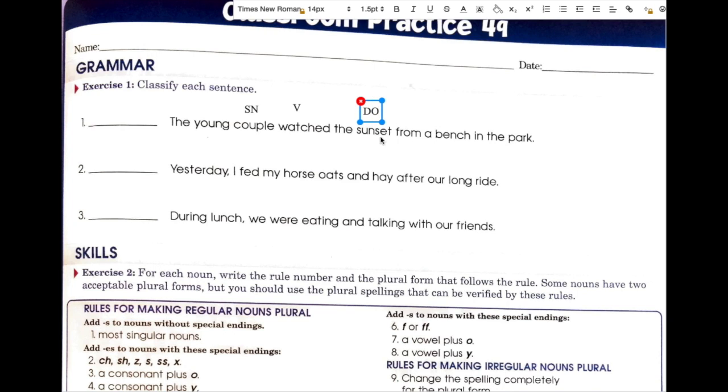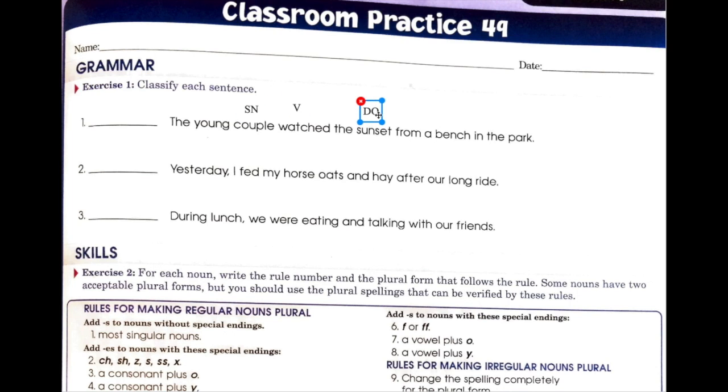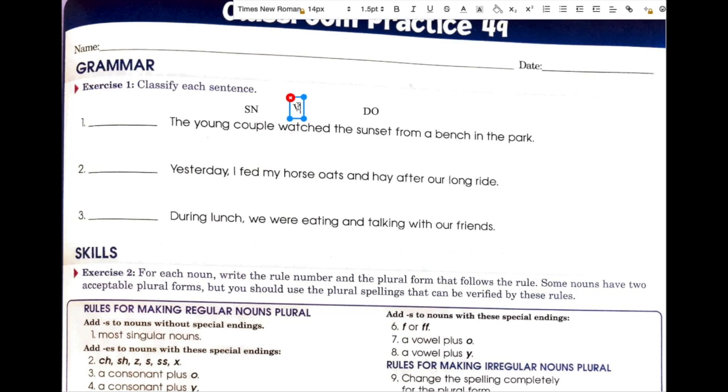Let's verify the noun. Does sunset mean the same as couple? Nope, they are not the same noun, so we know that this is our direct object. We need to turn this verb into a verb transitive. The is always an article adjective. From is always a preposition.